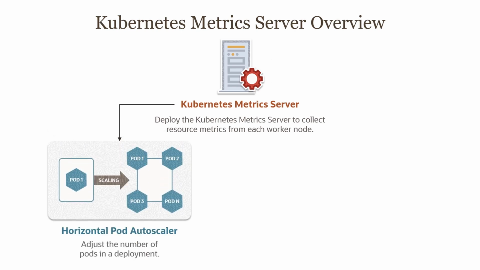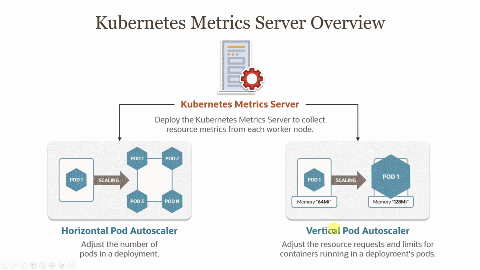The horizontal pod autoscaler utilizes this data to dynamically adjust the number of pods in a deployment, ensuring optimal resource usage. On the other hand, the vertical pod autoscaler, also known as VPA, leverages the metrics server to fine-tune the resource requests and limits for containers running in a deployment pod.